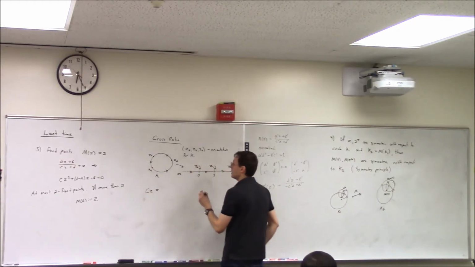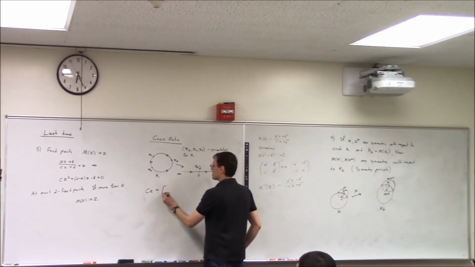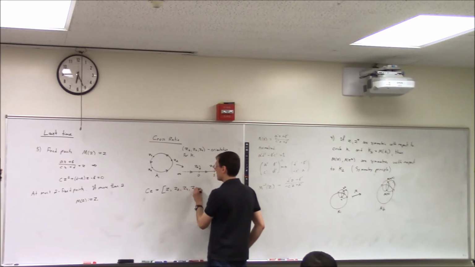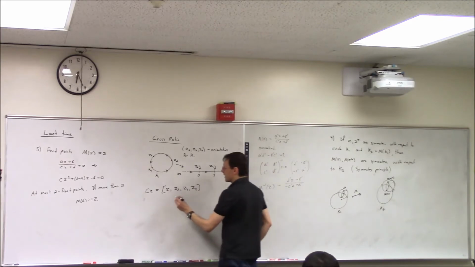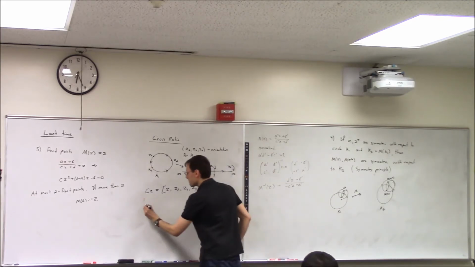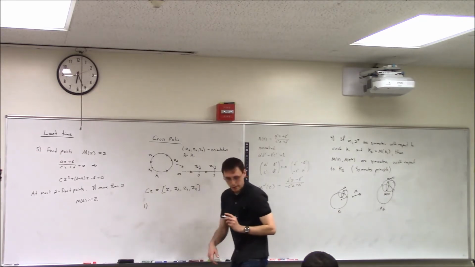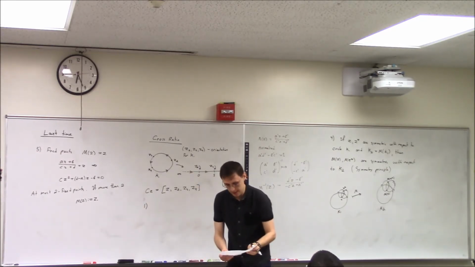C of Z will be, it's called the cross ratio, and it's denoted usually as Z, Z2, Z3, Z4. And in this case, they're all finite points. First is the formula that I've written already last lesson.